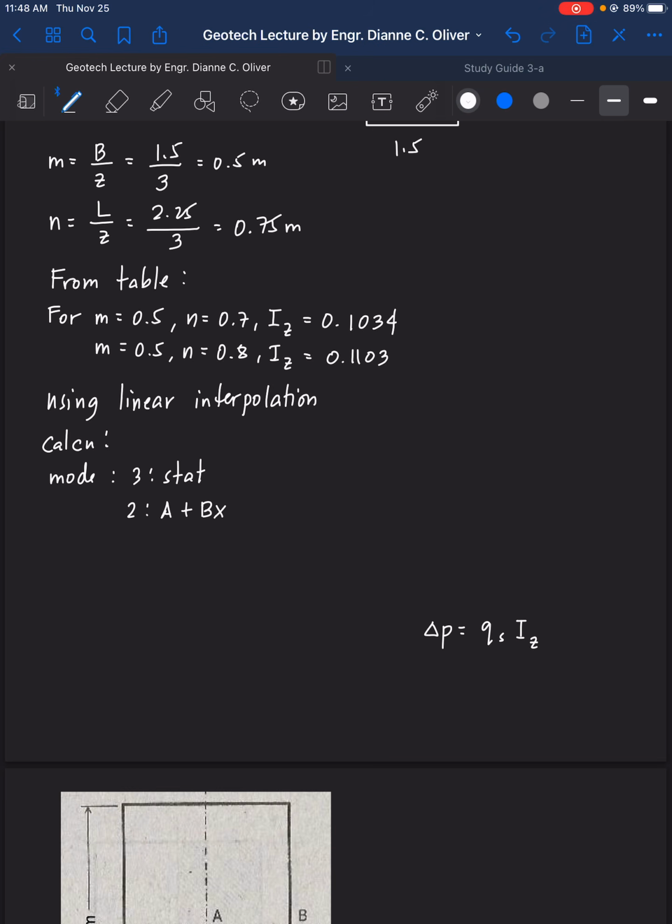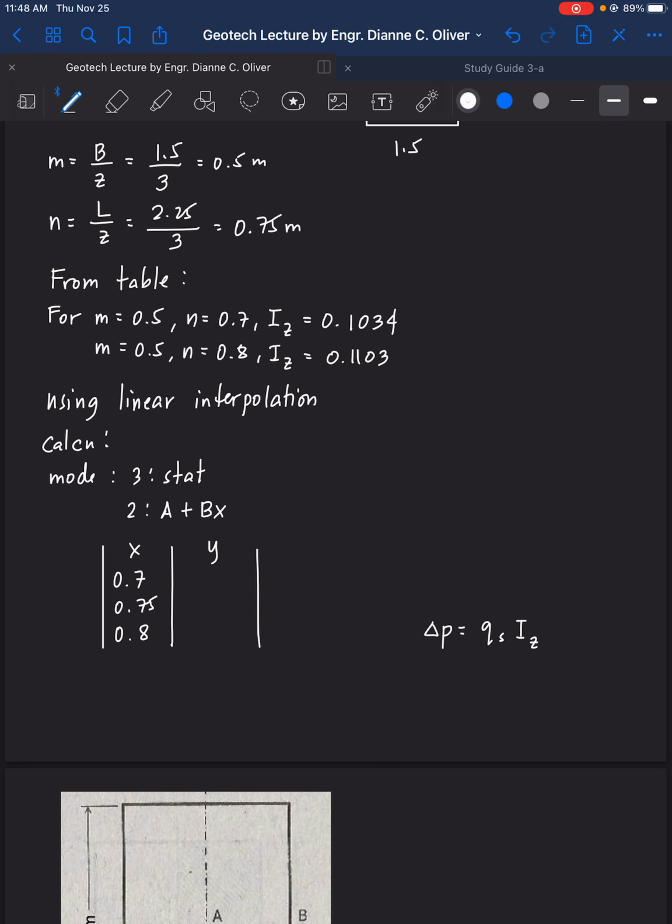Then you will have the table. So we have here x, and we have here the y. For x, let's put here the 0.7, 0.8. We're missing the 0.75, right?